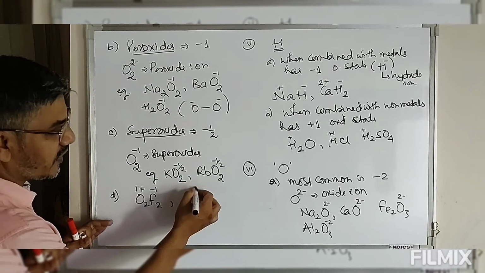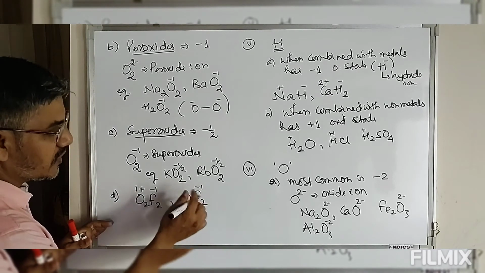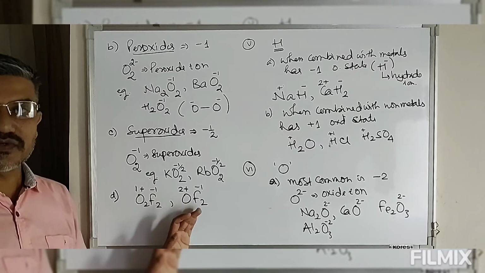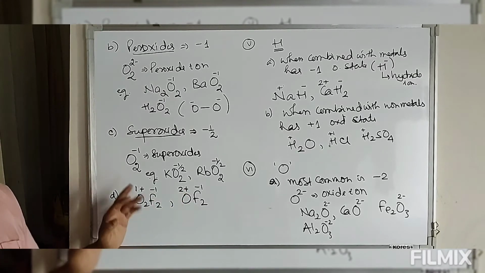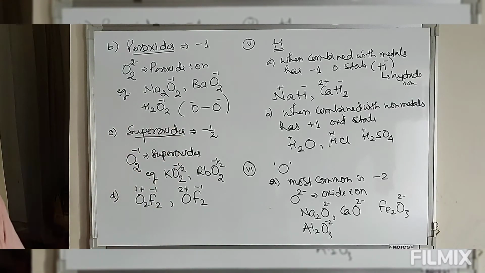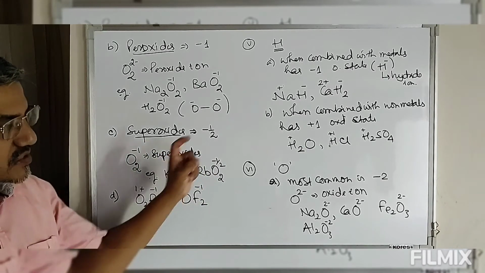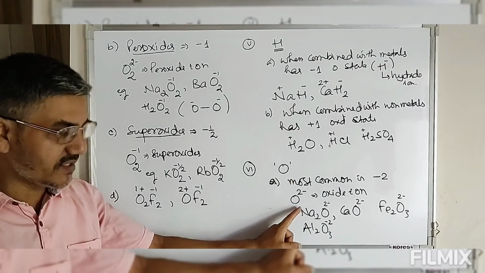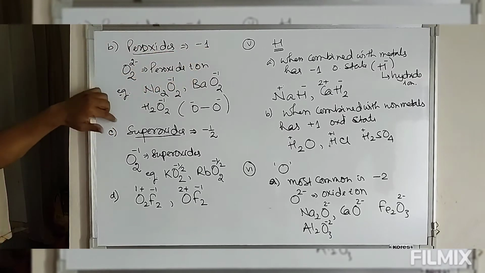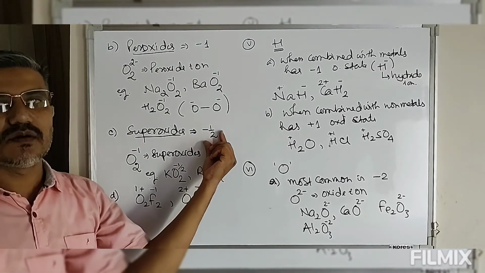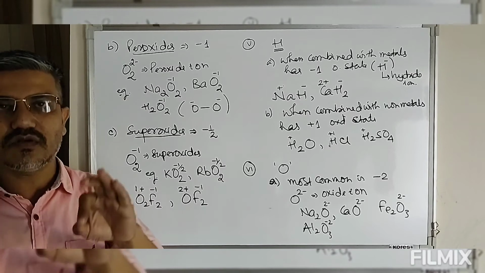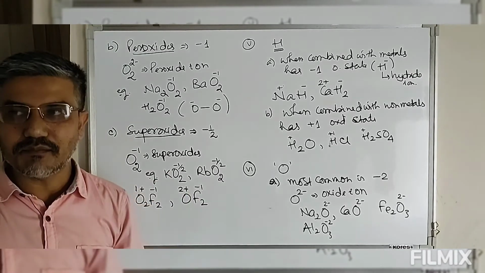In OF2, fluorine is -1, so the total negative charge is -2, so the total positive charge should be +2. Except when oxygen combines with fluorine and has +1 or +2 oxidation state, oxygen will have a negative oxidation state, and that depends on whether it is a normal oxide, -2, a peroxide, -1, or a superoxide, -1/2. So these are some of the charges possible when oxygen is present in a combined state.